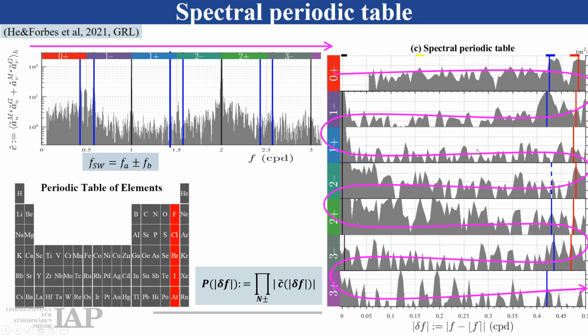In the end, constrained by the resonant condition, one planetary wave and all its secondary waves from interaction with tides will be located in the same column, and we call the peaks in the same column one family. For each family, we calculate the product of all their members, and the families associated with the maximum and the second maximum of this product are here colored in red and blue.